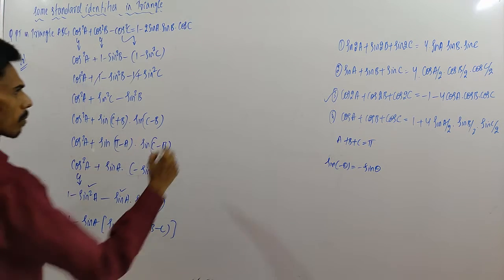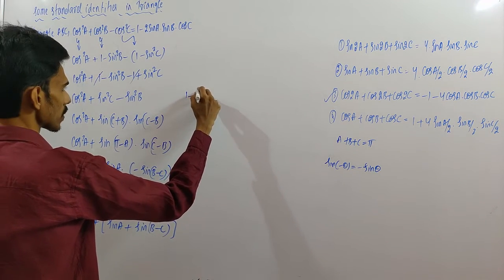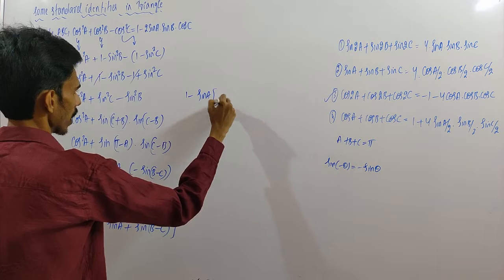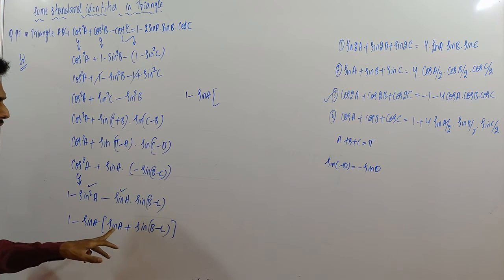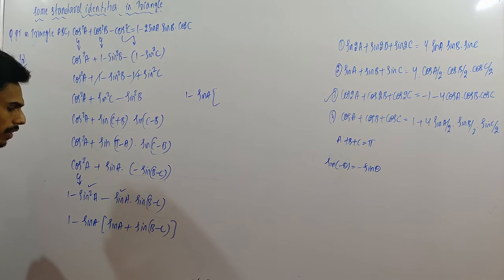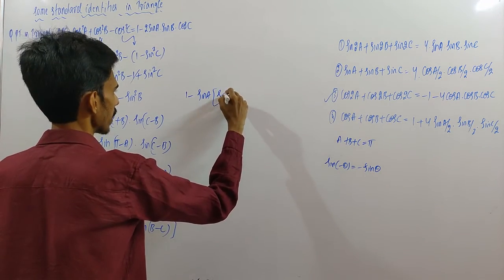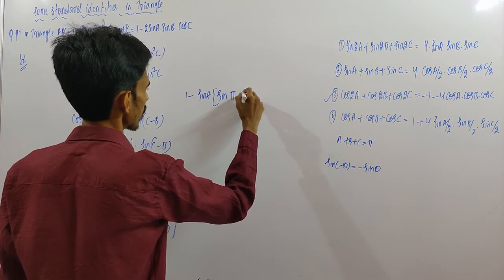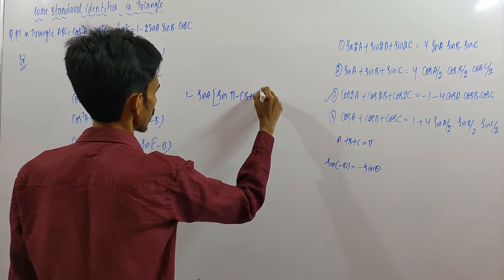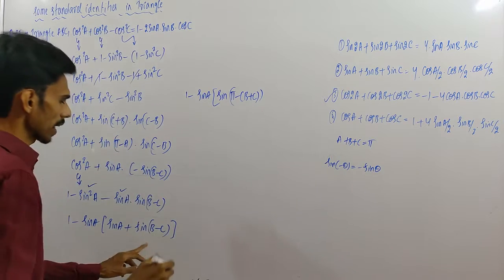So this becomes 1 minus sine A into sine (B minus C) plus sine A. Change this A to B plus C: the value of A is pi minus (B plus C), plus sine (B minus C).